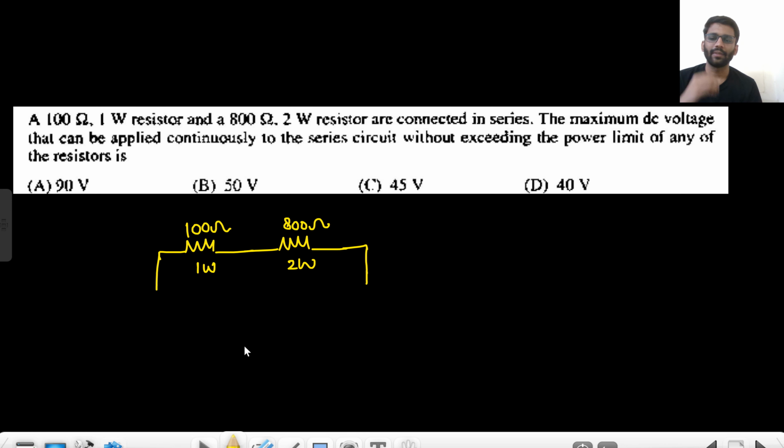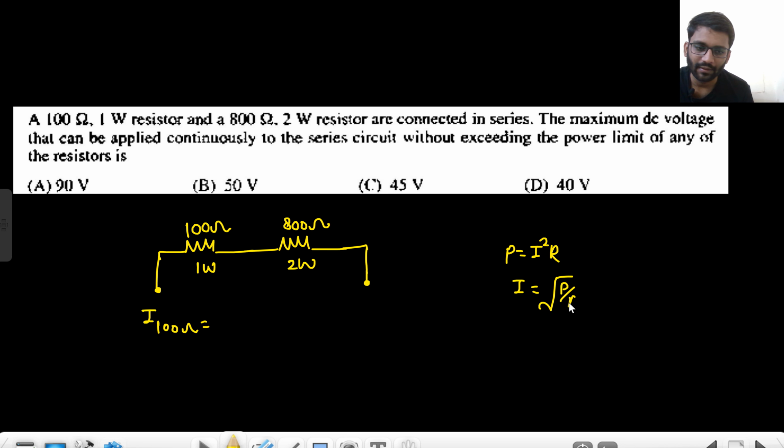So tell me what can be the current across the 100 ohm? Power is I square R, so the current is under root P by R, right?